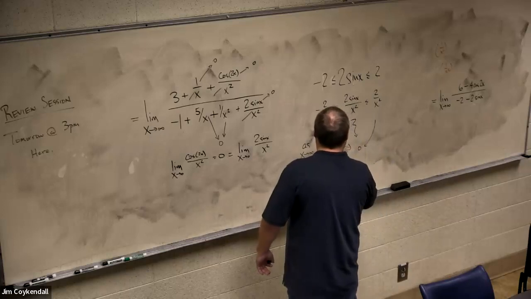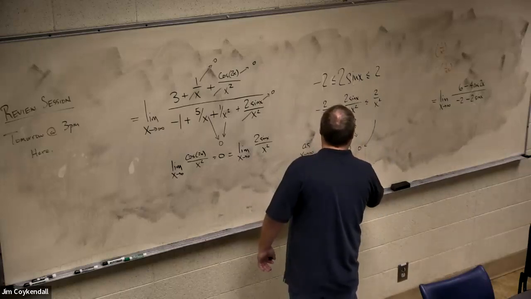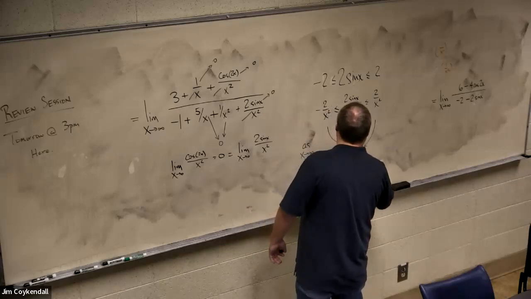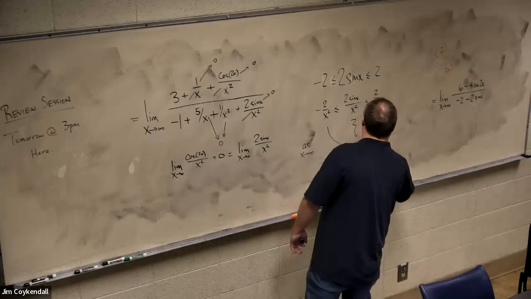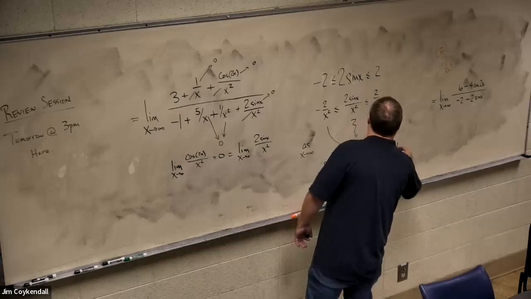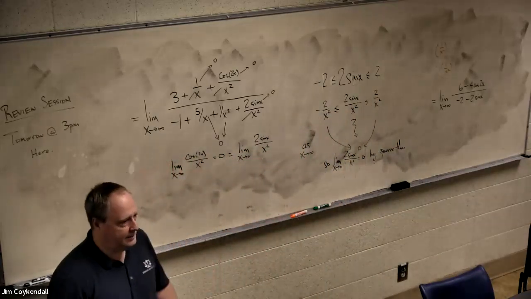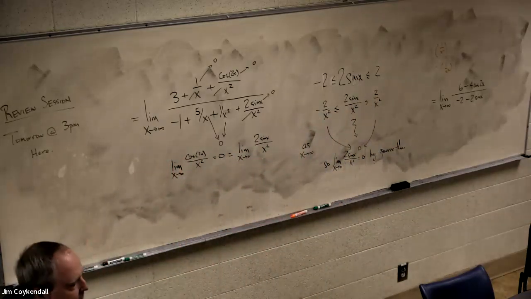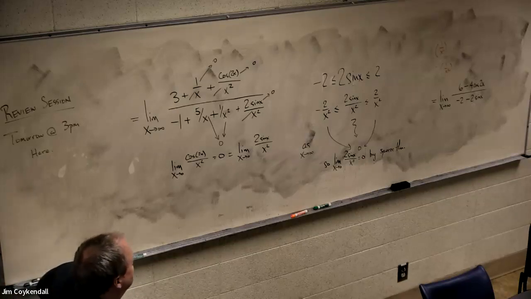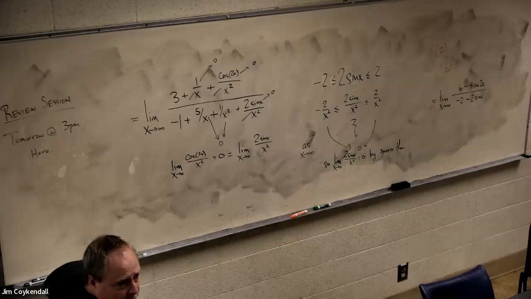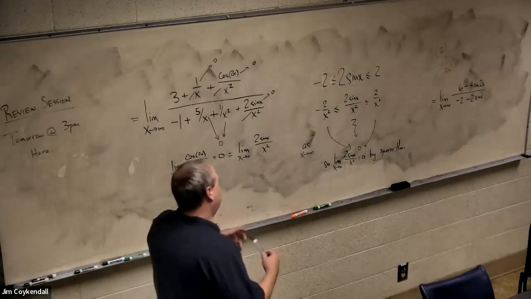So the limit as x goes to infinity of 2 sine x over x squared is 0. Okay, other questions? Hold fast or anything?